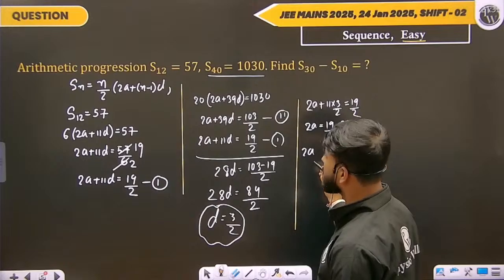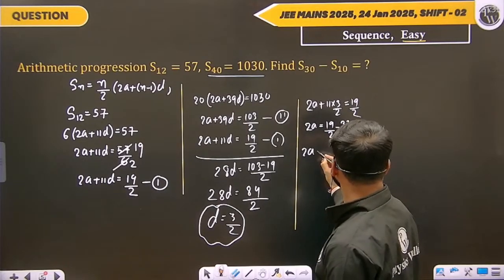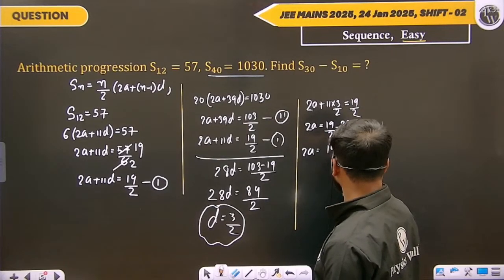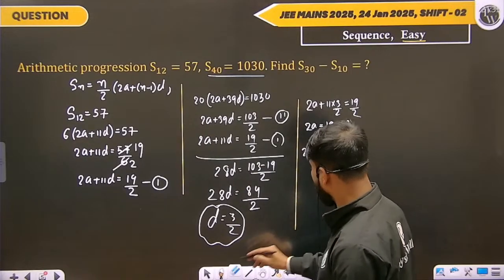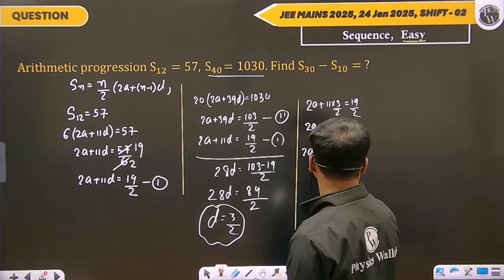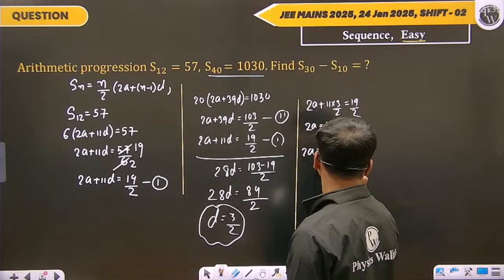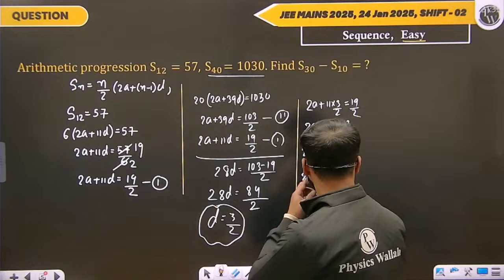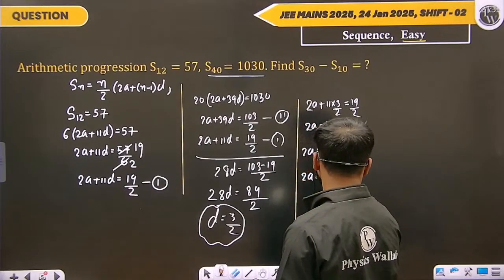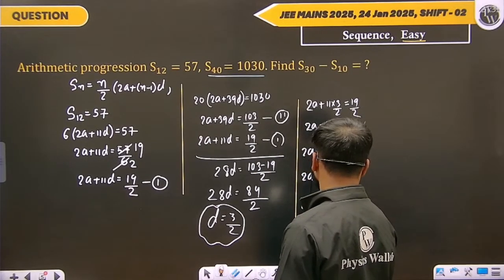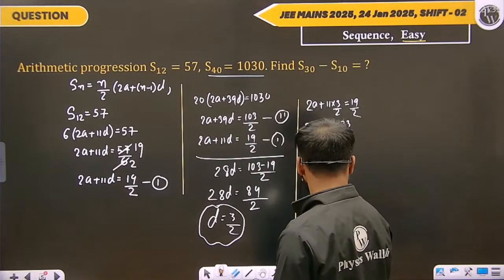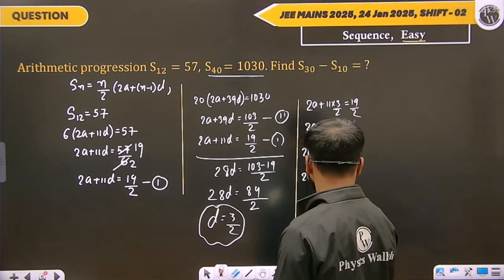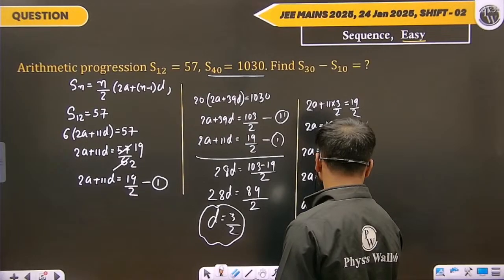So 2a equals 19 minus 33 upon 2. So 2a is minus 14 upon 2. Here your value will be minus 7 upon 2.